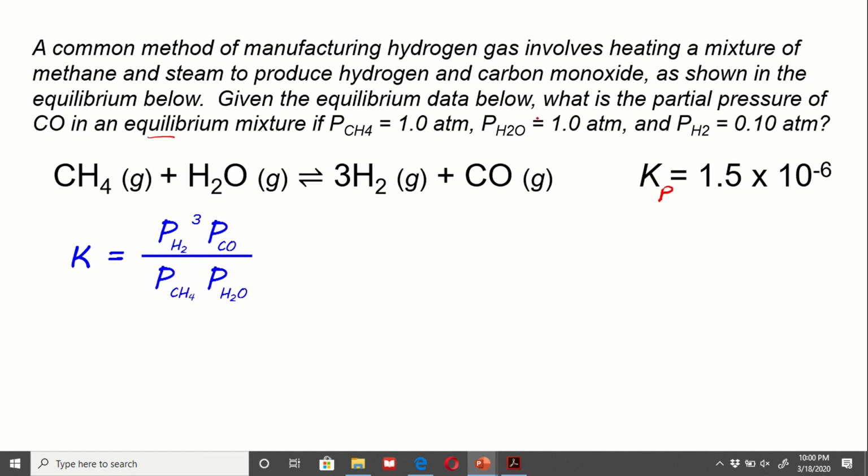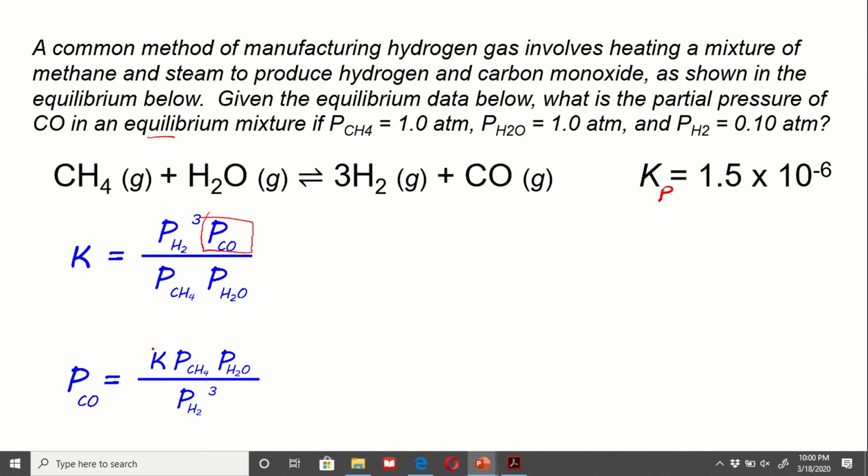Now you have written the expression. What you are required to find is the partial pressure of carbon monoxide. So go ahead and rearrange the equation. Once you rearrange, your setup is going to be like this. Now go ahead and substitute the numbers.